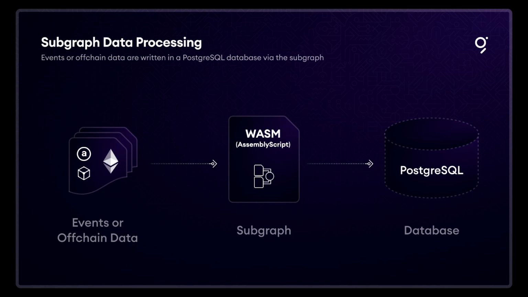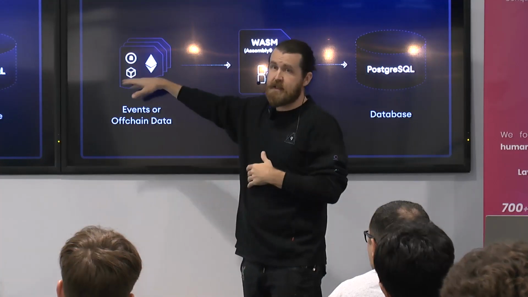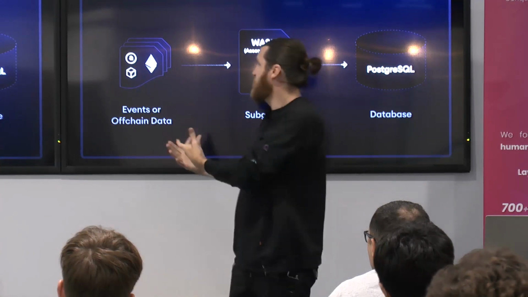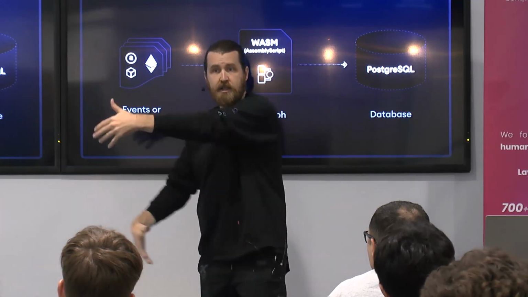So the basic concept of The Graph is to take event data, so logs, right? Things going on inside of a contract that we care about. Or maybe you have off-chain data, so maybe you're storing stuff on something like IPFS or Arweave, which are both decentralized file sharing protocols. You might have static files, like a JSON object that you store in Arweave, and you want to ingest that into The Graph.